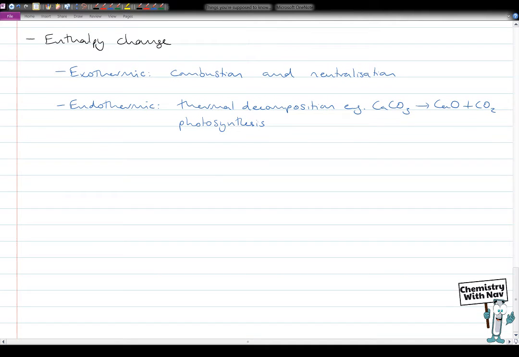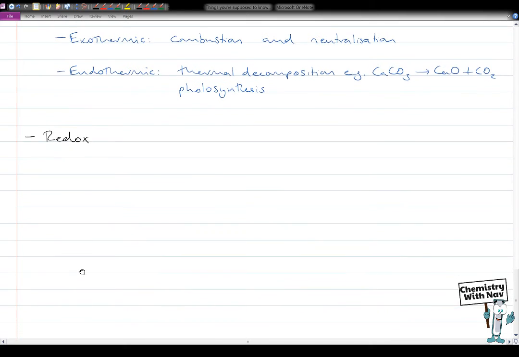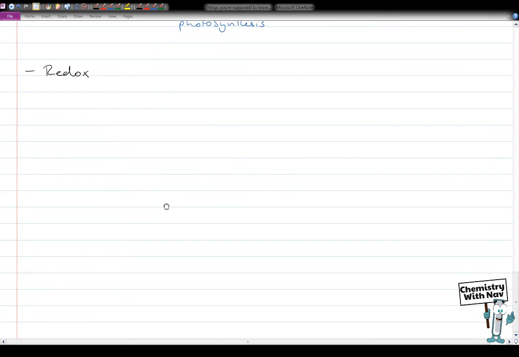And then the last thing I want to look at is oxidation and reduction. Whenever you have a reduction reaction, you must also have an oxidation reaction somewhere going on. But something that happens quite regularly is that you learn about the fact that oxidation is loss of electrons and reduction is gain of electrons.